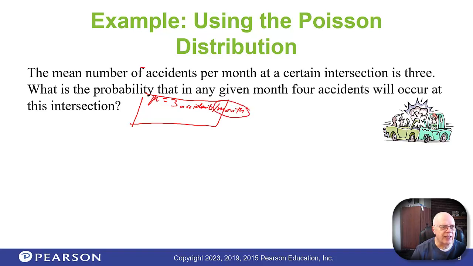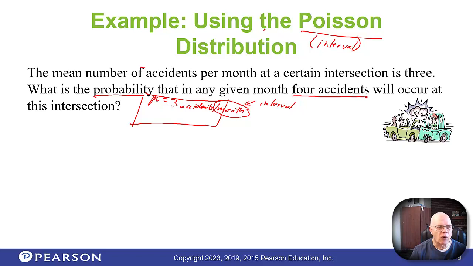Month is the interval, the interval that we're talking about for the Poisson distribution. In this case, we're talking about a time interval of a month. Now, what we're interested in is the probability that there are exactly 4 accidents at that intersection.